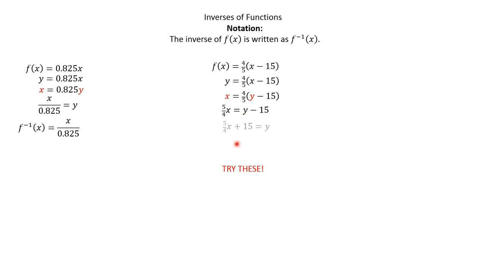Then we're going to add 15 to get y equals 5/4 x plus 15. Notice the parentheses here went away. If you try to do just a shortcut, chances are those parentheses are still going to be there, and that's not going to be the right answer. Finally, change it back into function notation to get f to the negative 1 of x equals 5/4 x plus 15.